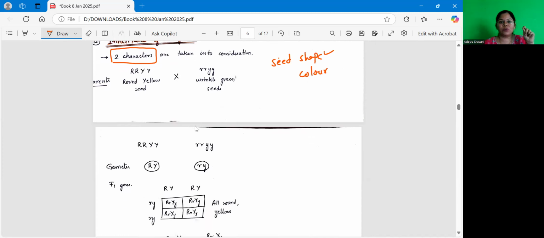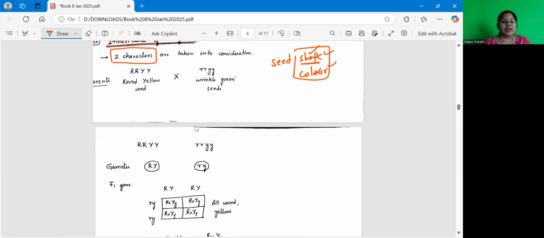If I consider both these two characters at a time, then we call it inheritance of two genes. Clear? Because each gene is responsible for one character there. We are seeing how they are getting transferred, and we are taking two characters. Hence, this is inheritance of two genes.